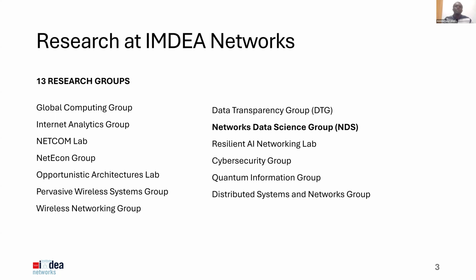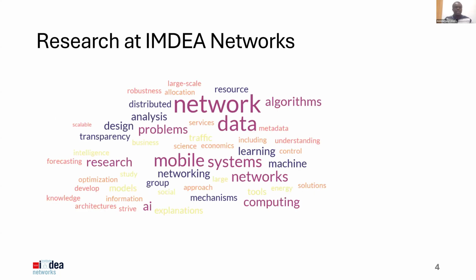Some of the keywords that you would find in our research papers, I just generated this word cloud from some of the descriptions that we have from the groups. So of course, networking is going to be very relevant for the works that we are doing. Mobile systems, machine learning, of course, forecasting, AI, and explainability of machine learning and AI in general, computing algorithms, and all of that.